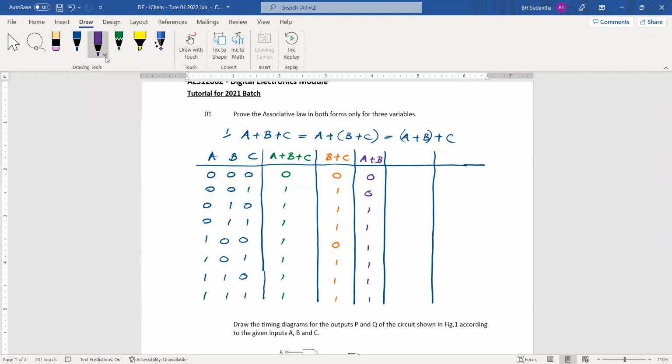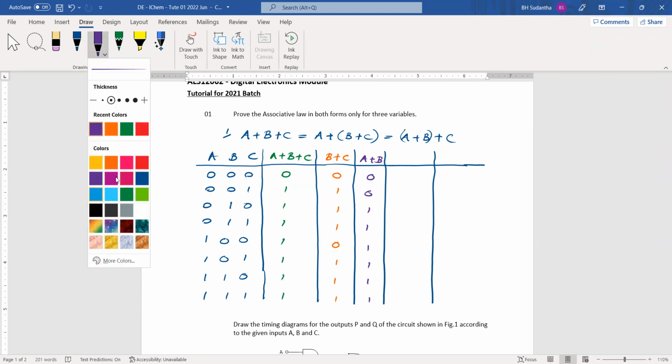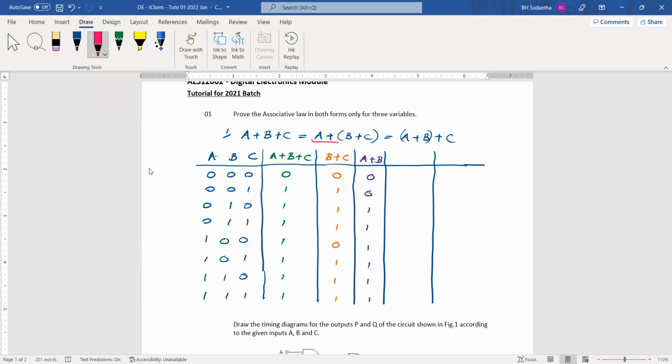Okay. Then we can make this column. This one we can make. Now we have B plus C here.